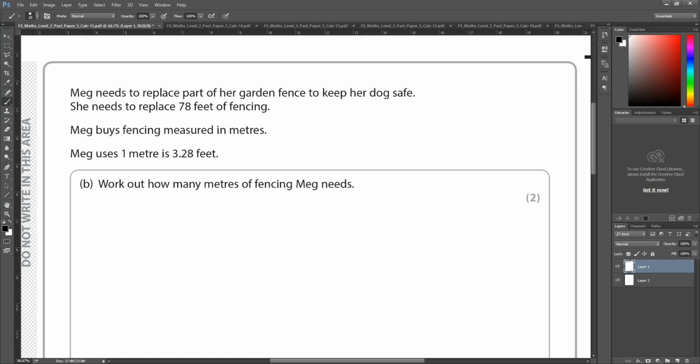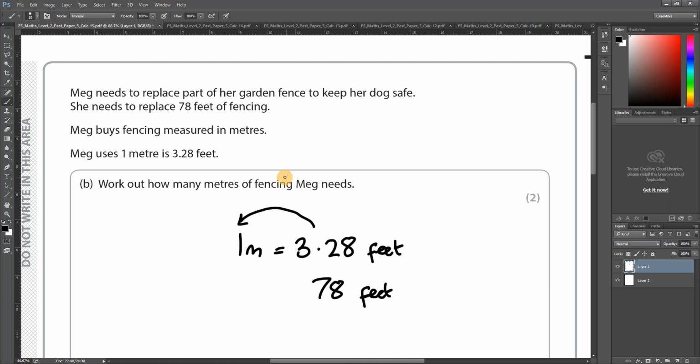Okay, so how are we going to work this out? Let's use this conversion: 1 meter equals 3.28 feet. She needs to replace 78 feet. That goes on this side, and so we're going this way, so that's going to be divide by 3.28.